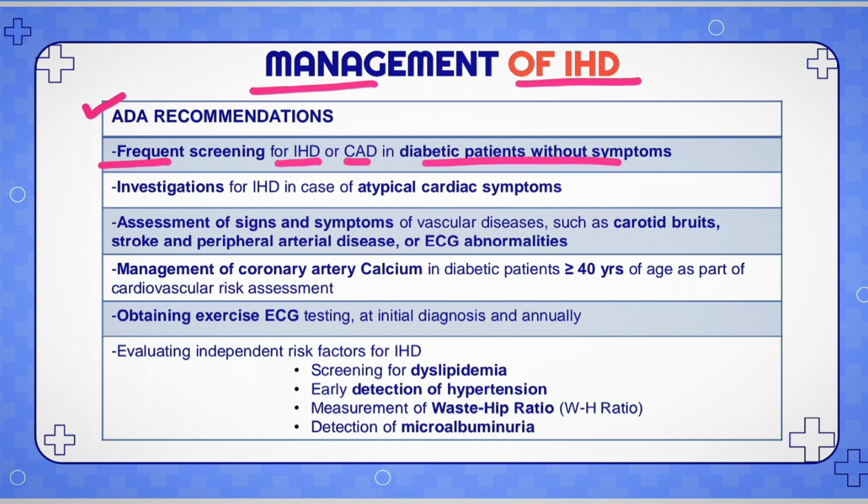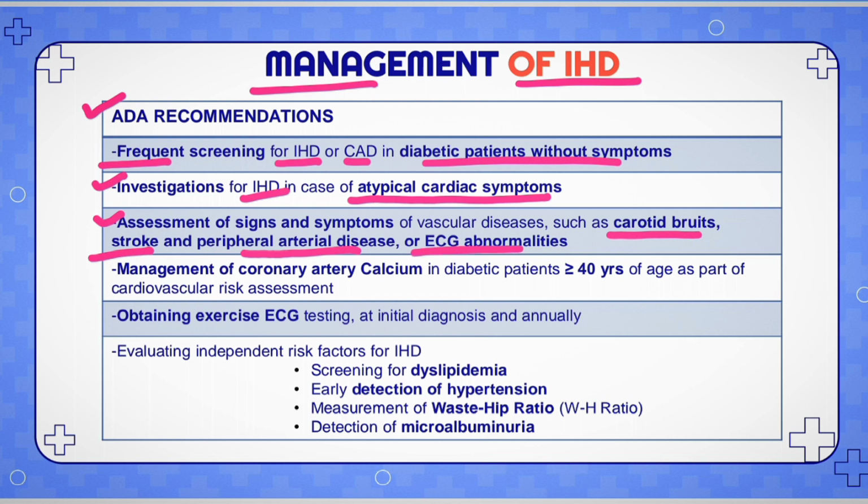If any patient with diabetes develops any atypical cardiac symptoms, in that condition we need to investigate for development of any ischemic heart disease. If there are some signs and symptoms of vascular diseases in any diabetic patients, in that condition such assessment can be done by observing any carotid bruit, development of any stroke, any peripheral artery disease, and to check any ECG abnormalities in such patients.